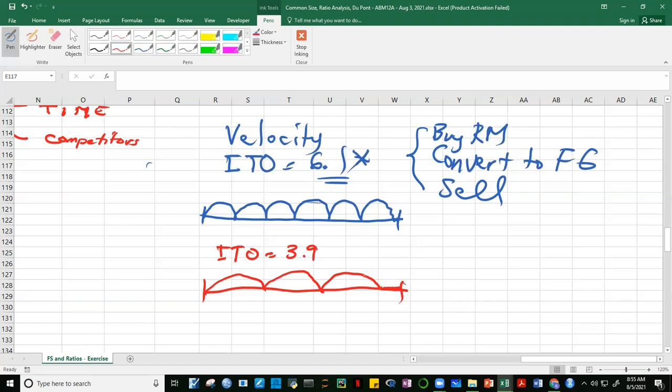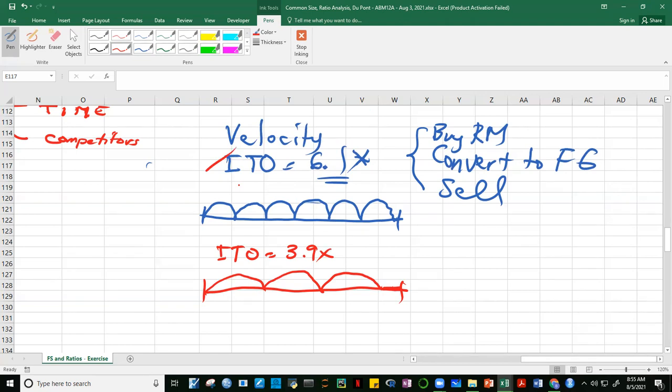So sa isang taon, 3.9 times ni XYZ, bumibili ng raw materials, convert to finished goods, and then sell. 3.9 times. So sino mas magaling, guys? Si competitor o si XYZ? Definitely, guys, si competitor. Kasi the higher the ITO, inventory turnover, the better.